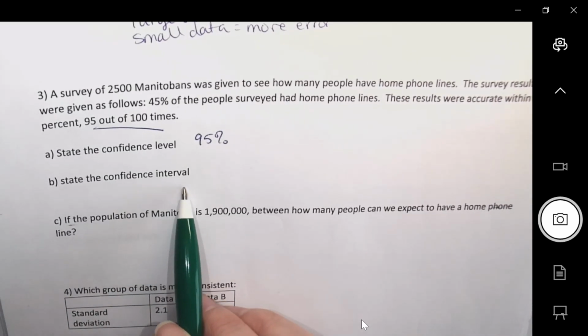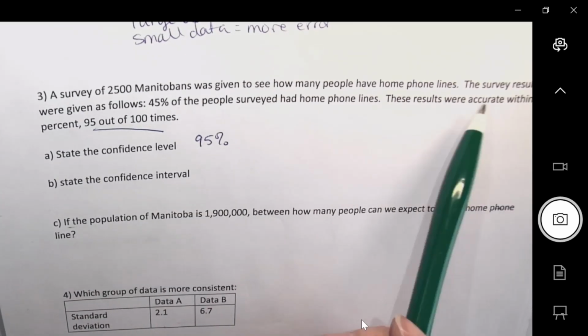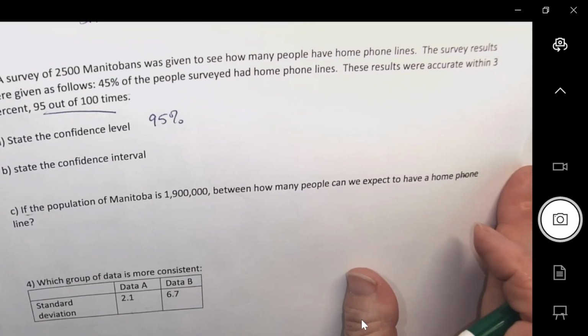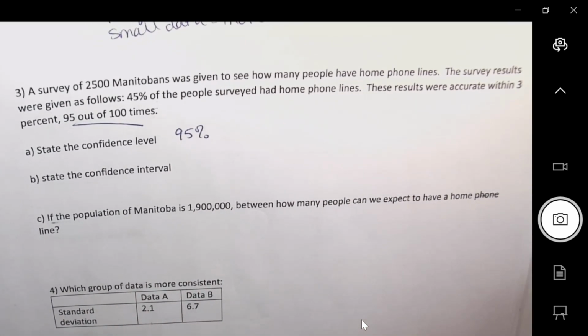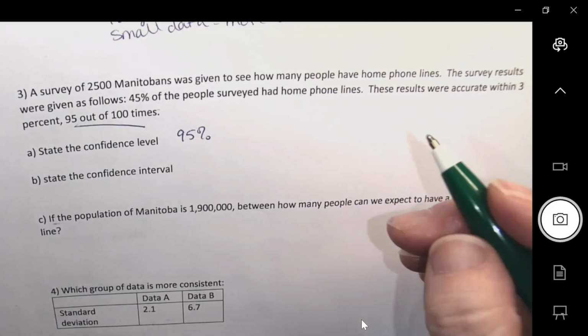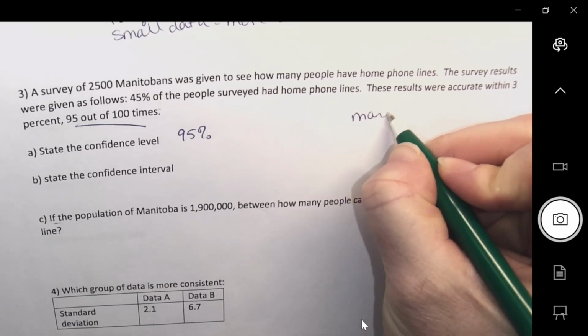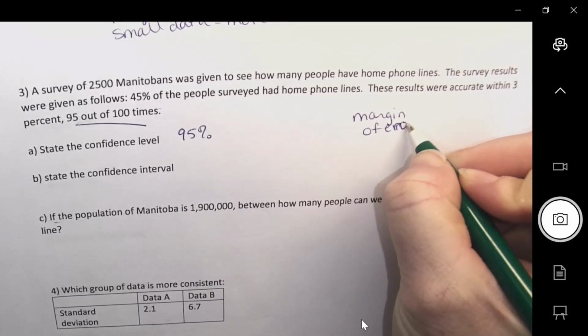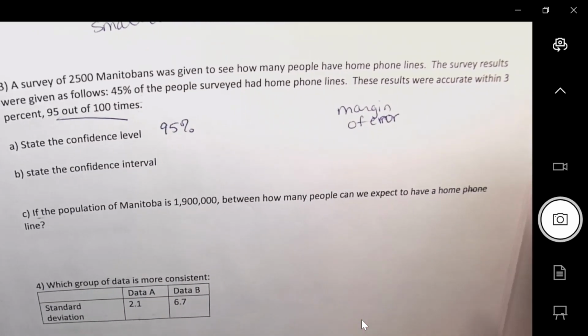What is the interval? So the survey says that 45% of people surveyed had home phones, and this was accurate within 3% points. So this didn't ask for it, but what is the margin of error? How much error do we have?